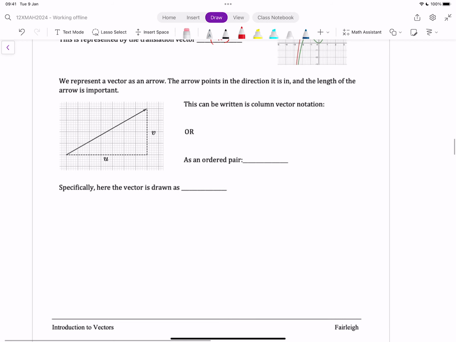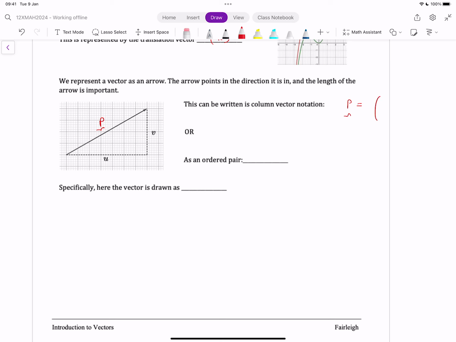Now we represent a vector as an arrow. The arrow always points in the direction the vector is going in, and the length of the arrow is important. This particular vector can be written in vector column notation. If we called it P, this would be vector P, and we put a little squiggly line under it. Again, we're going to get to that notation in a second.